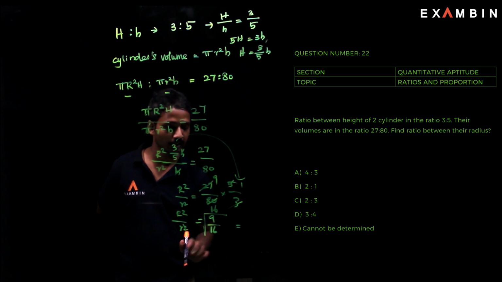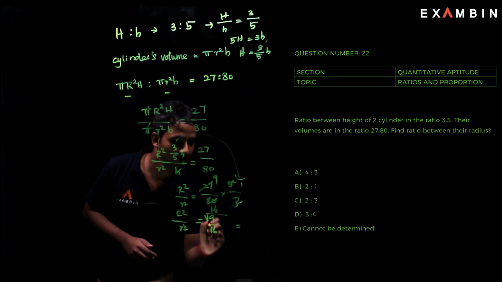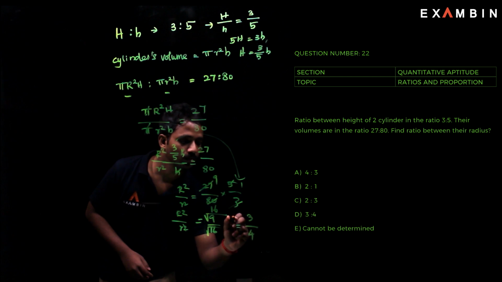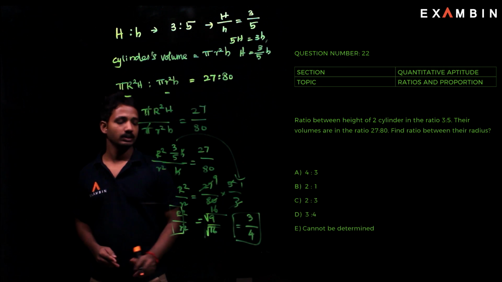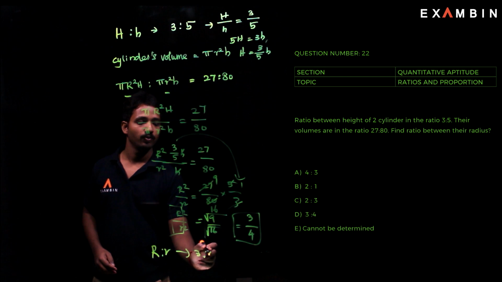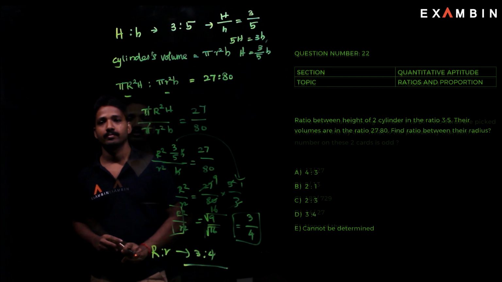You have to take the root of the individual terms: root of 9 by root of 16. Root of 9 is 3, root of 16 is 4. So 3/4 is the right answer. The ratio R to r is 3:4. So 3:4 is the right answer, option A.